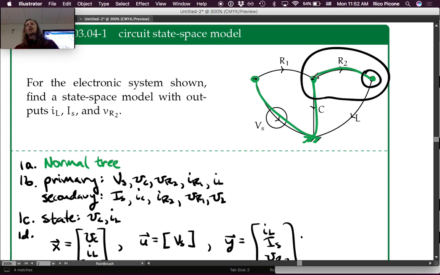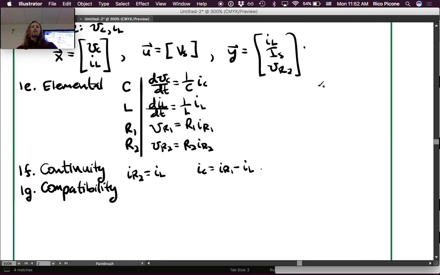So VR1 must be equal to VS in the same direction, minus VC, because it's pointed against me. So VR1 equals VS minus VC.